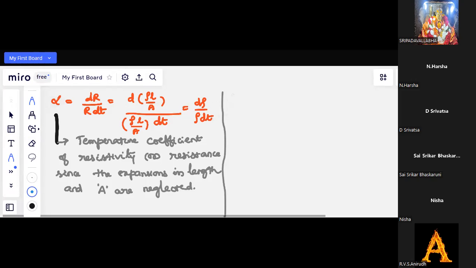We say here resistance, what we have written yesterday, rho L by A. For the same material at the same temperature, rho is constant. So you can write R is directly proportional to L by A at the same temperature for the given material.